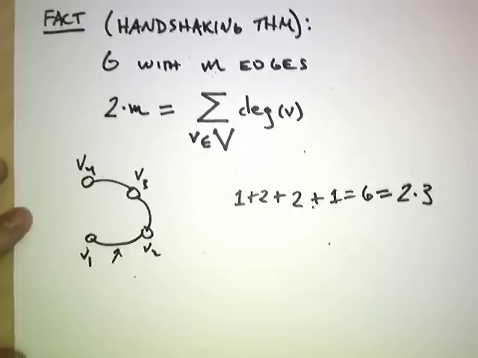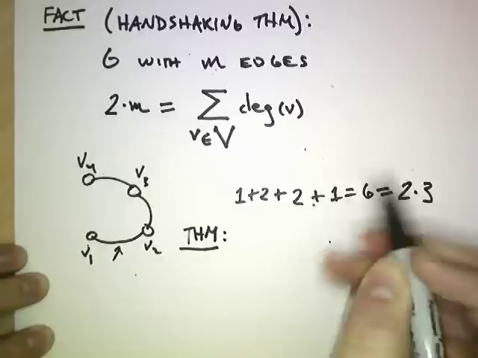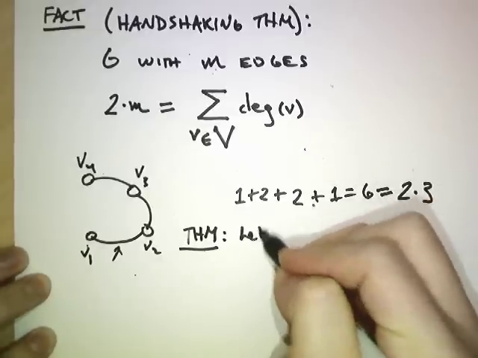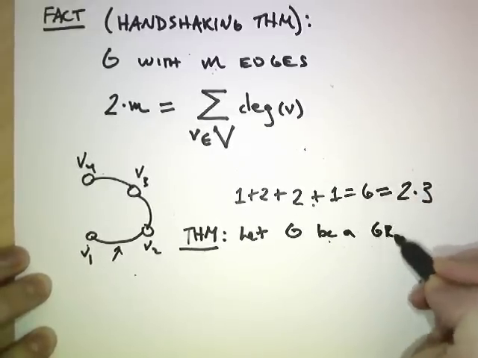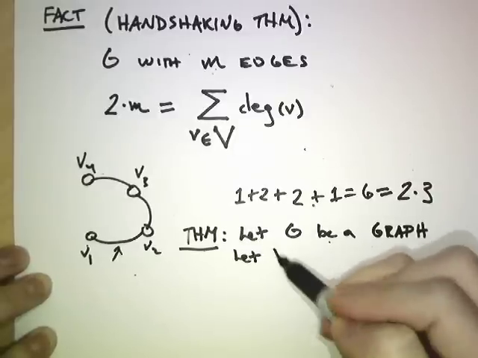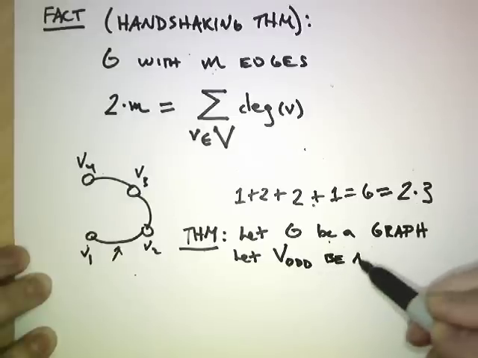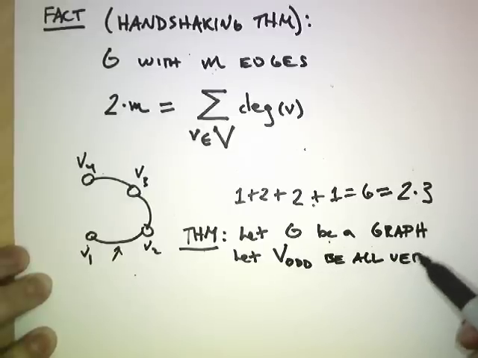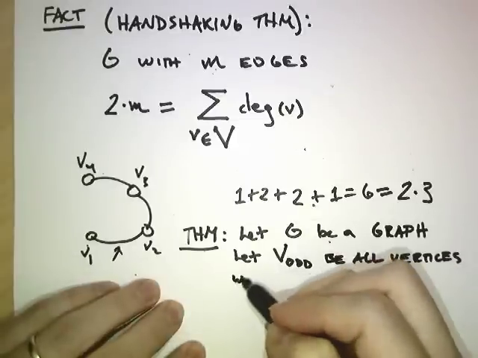Now we can conclude another theorem. So let's let G be a graph, and let's let V odd be all vertices with odd degree.